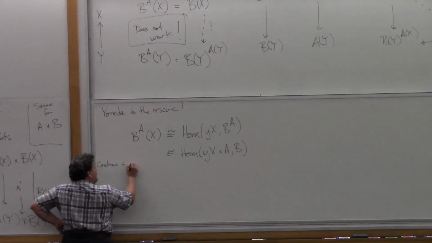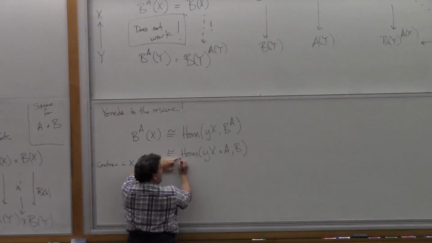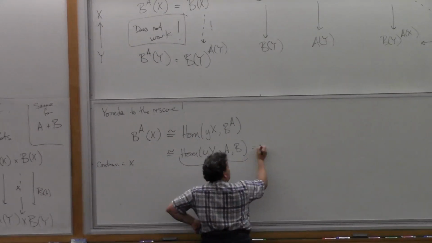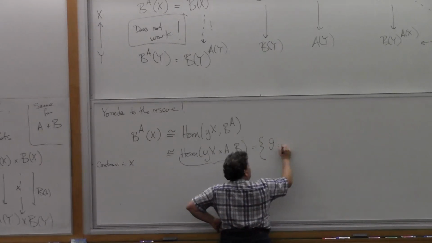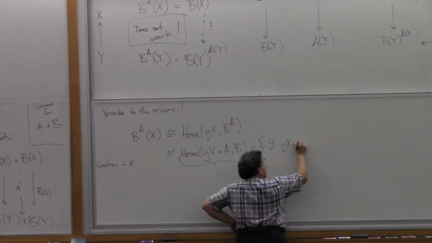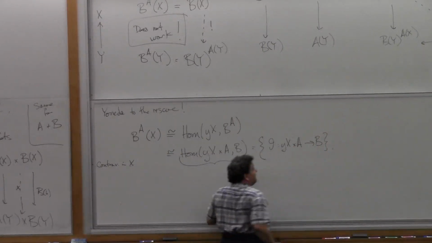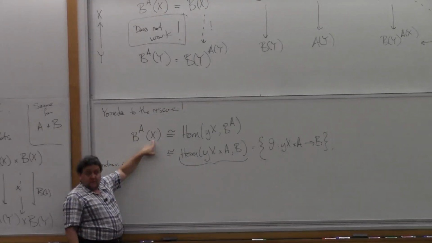So the proposal is we're going to take this as the definition right there. I mean, that's a set, right? This is a set of all natural transformations theta from yx × a into b. That's our proposal for the value of this exponential functor at x.